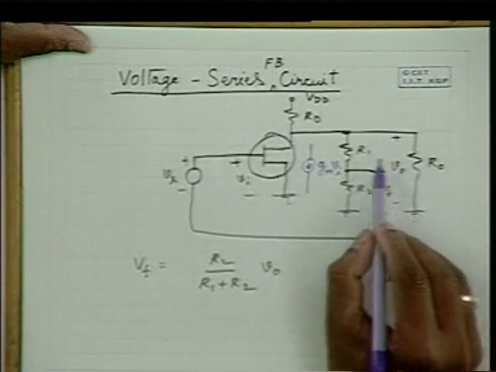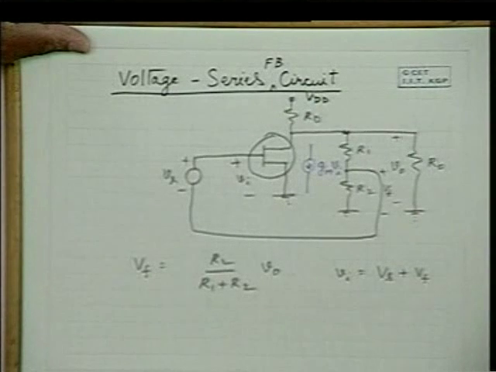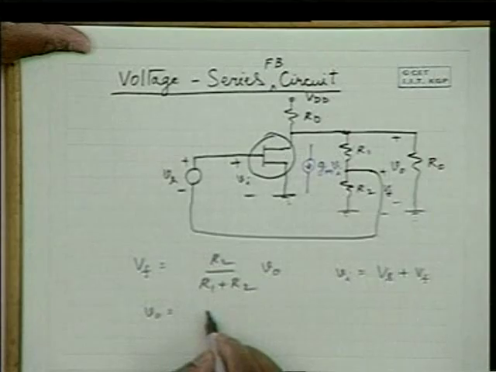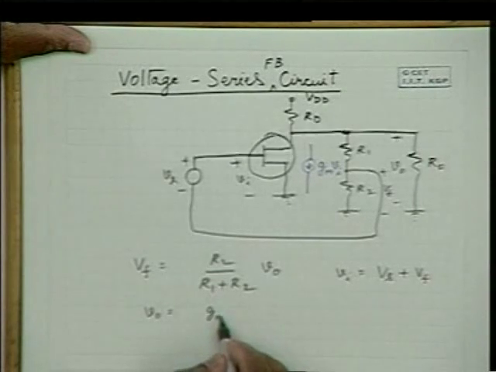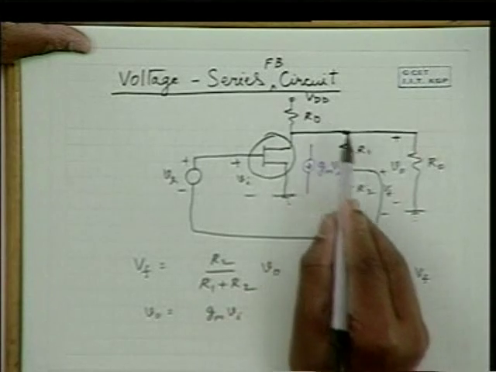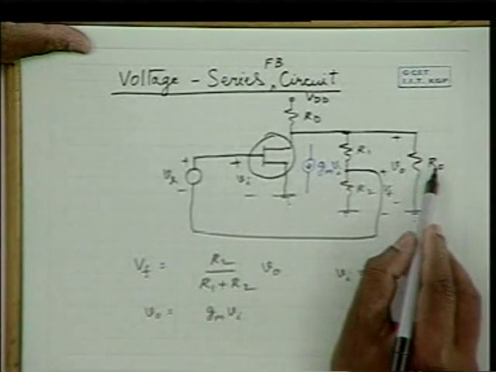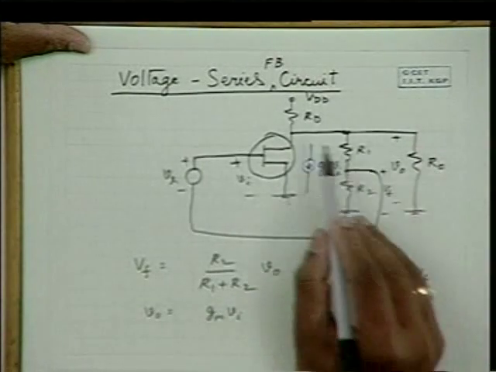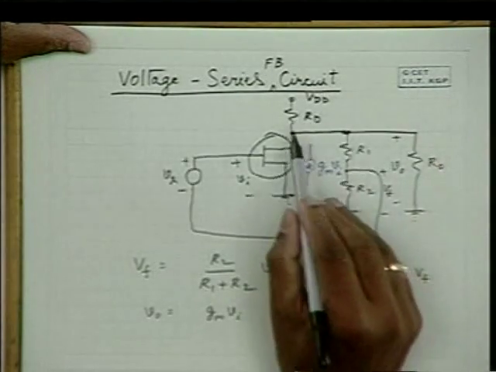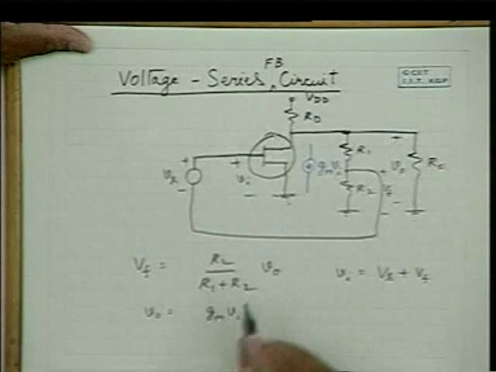Now the output voltage V0 is this Gm into Vi into the parallel combination of RD, R1, R2 and R0. So let us call the whole thing RL. This current is flowing through this RL in the opposite direction.